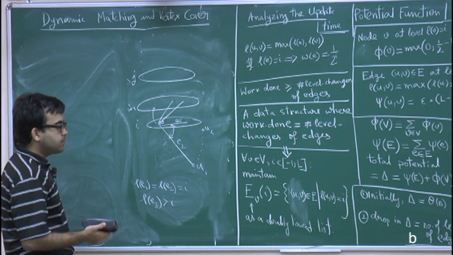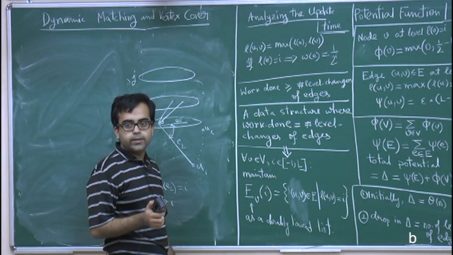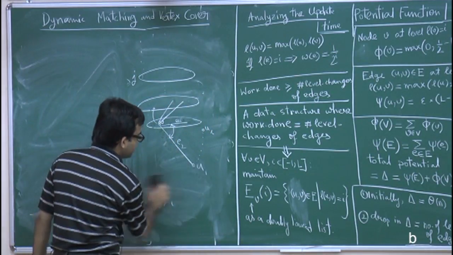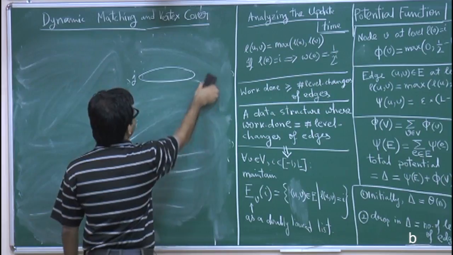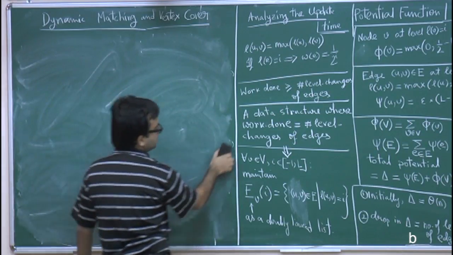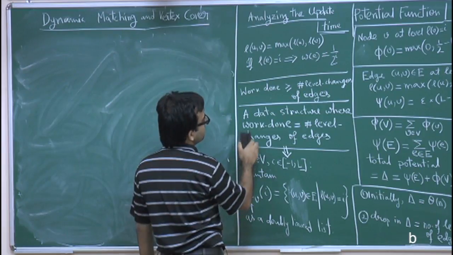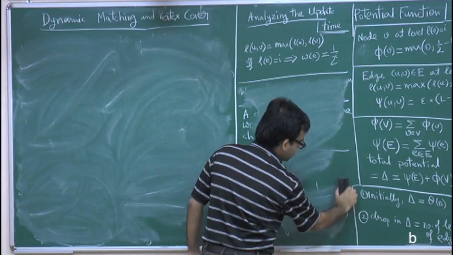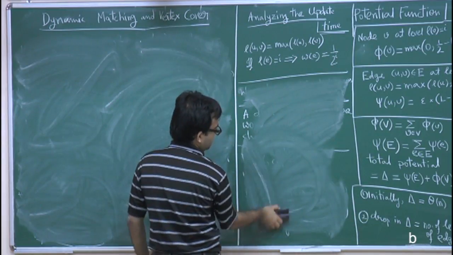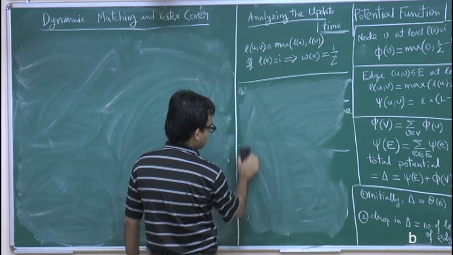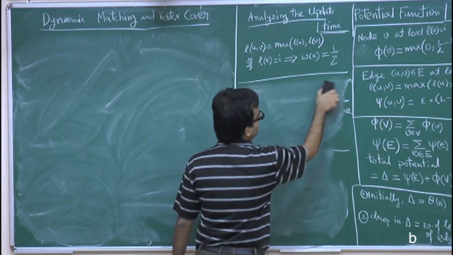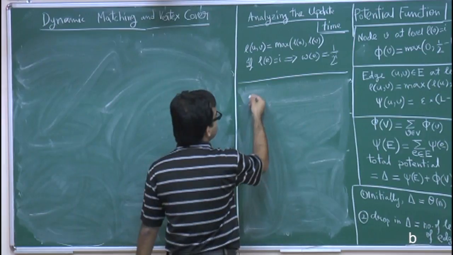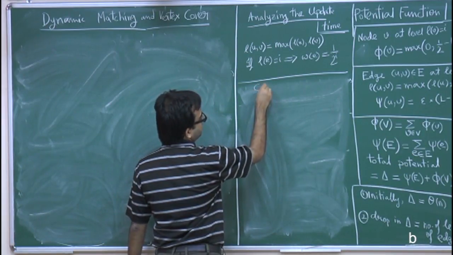Now what can we assume? We can just forget about the data structure altogether, and we just try to bound the number of level changes. So, basically, suppose you have a counter like this.